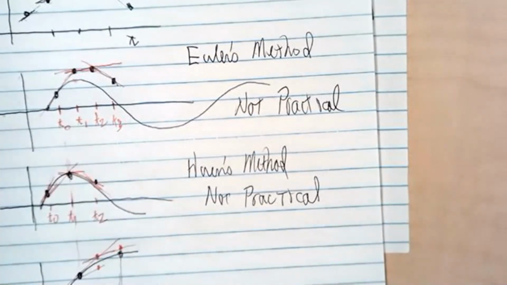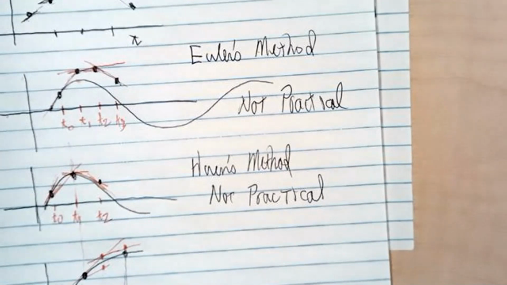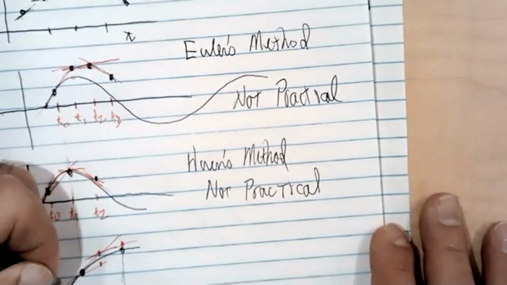And now I have four different slopes involved: at the left endpoint, at the right endpoint, and a couple of estimates in the middle. You take a weighted mean of all of these. For the standard one, it's 1 times the first slope, plus 2 times the second slope, plus 2 times the third slope, plus 1 times the last slope. Divide the whole thing through by 6, and you get a grand average for the average slope over this interval. And it is incredibly good.